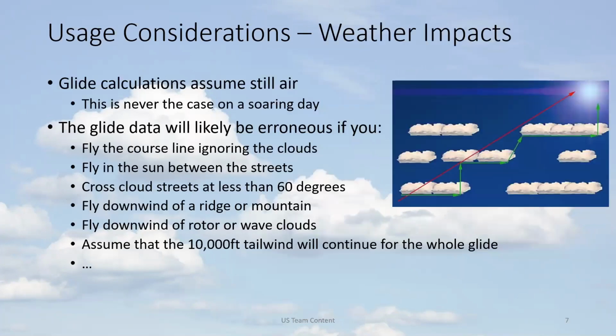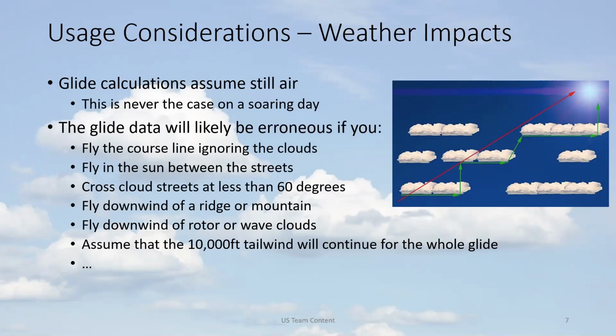All right, very good. Another thing to bear in mind is glide calculations in the computer assume that you're going to go through as much sink as lift. And depending how you fly the glider, that may or may not work well. Over the long haul on a pretty homogeneous day, it probably will work.